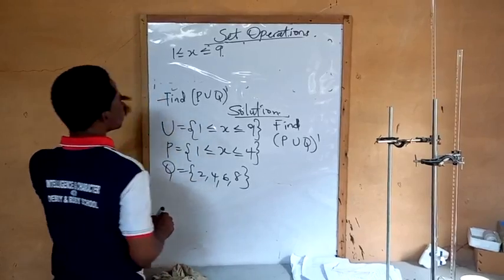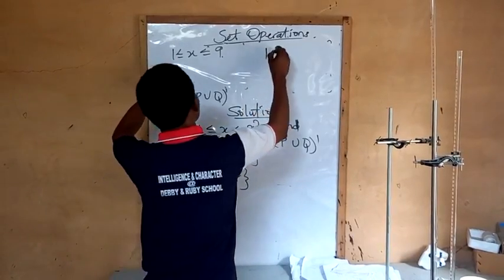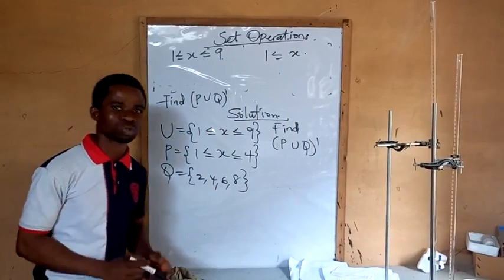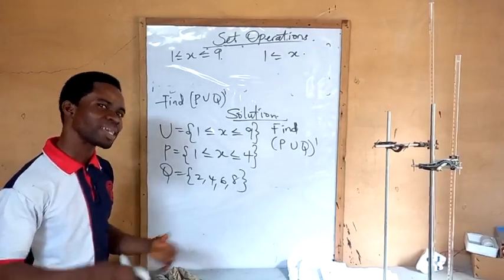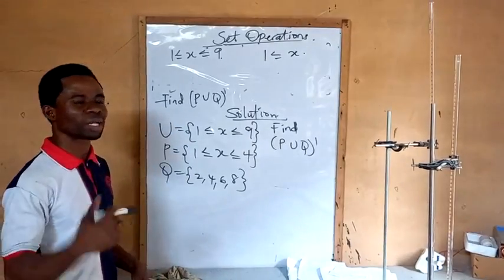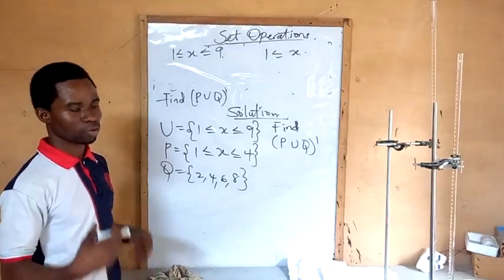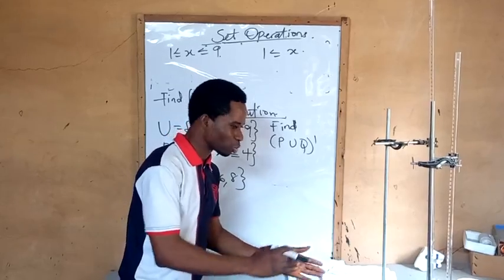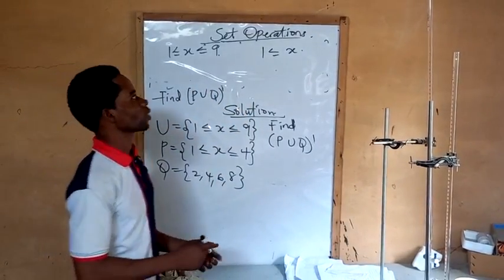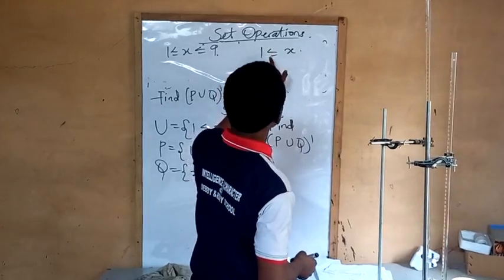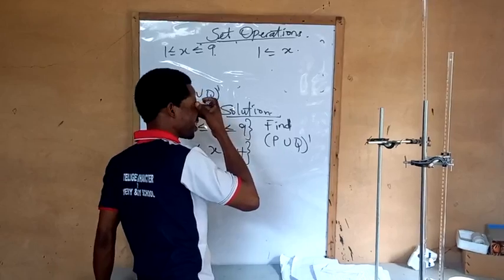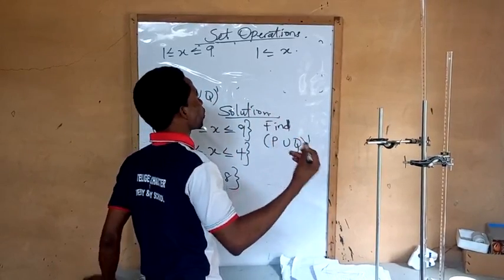Let's start from here: 1 less than or equals to x. When I say 1 less than or equals to x, that means x is greater than or equals to 1. 1 less than x means x is greater than 1.